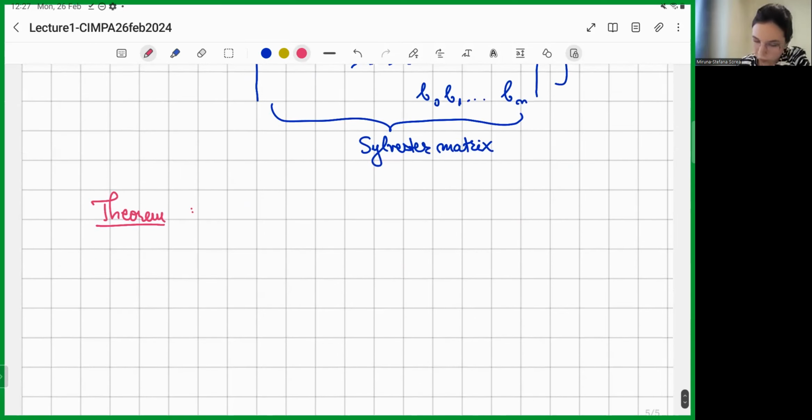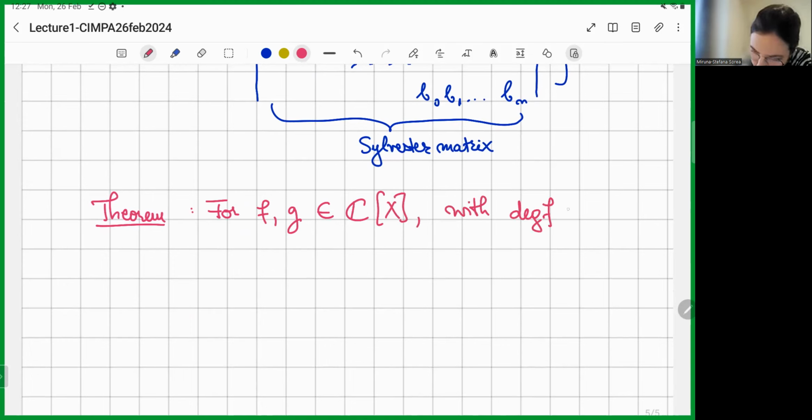So let's write this rigorously, and then we will see more details. For f and g, I wanted to make the general scenario, but maybe in the interest of time, I just go to the corollary that I had. So if we consider polynomials with complex coefficients, where the degree of f and the degree of g is at least 1, the following are equivalent.